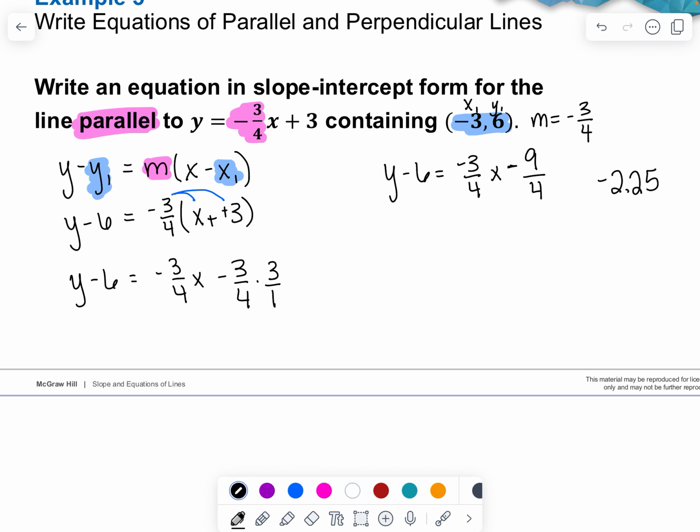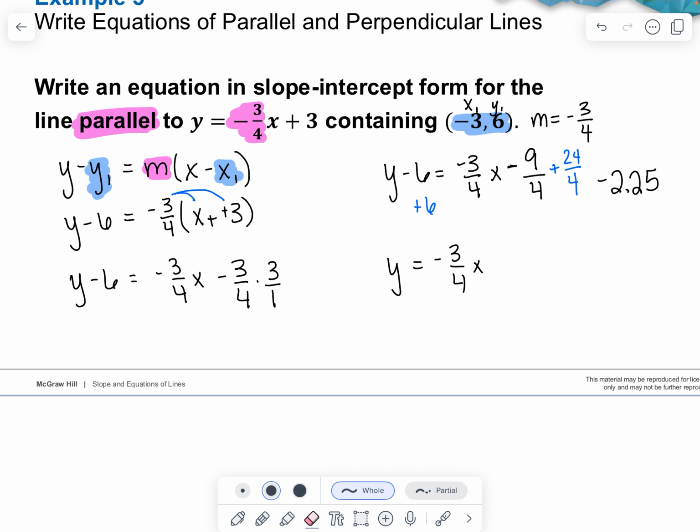All right, and then we're going to add 6, and y equals negative 3/4 x. And we're adding 6. So if we add 6, and we're doing fractions, add 6, we have to take it times 4, it'd be 24/4.